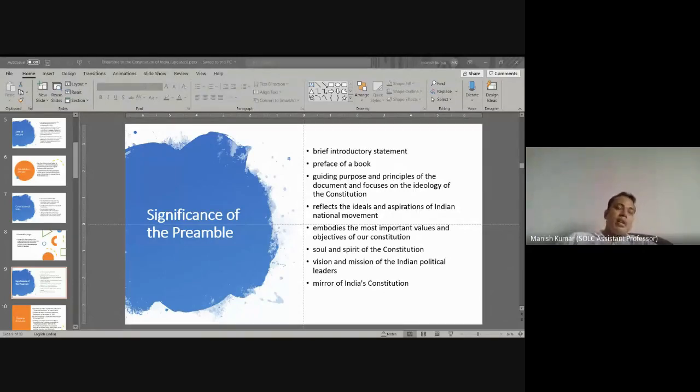It is the yardstick with which one can evaluate the merit of the constitution. So this was the significance of the preamble.